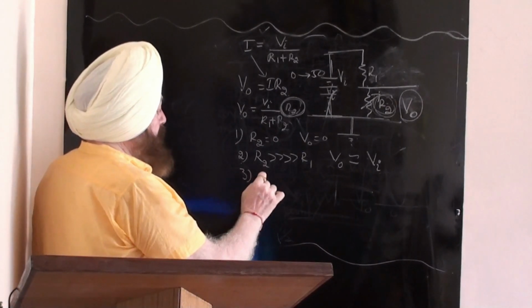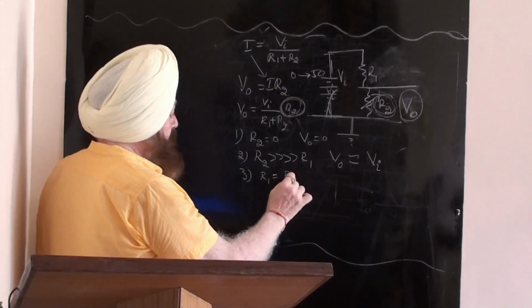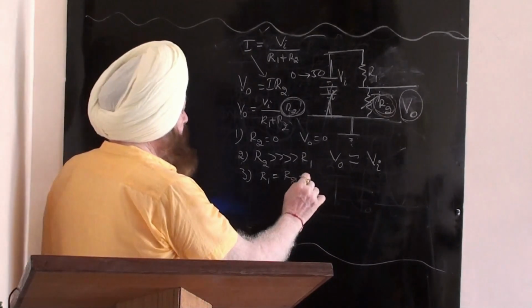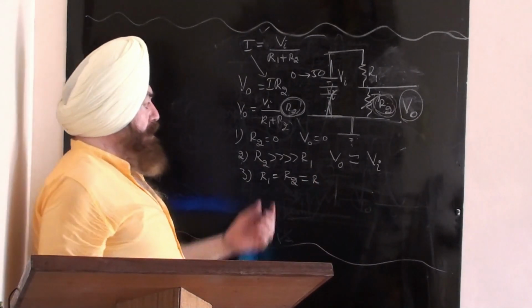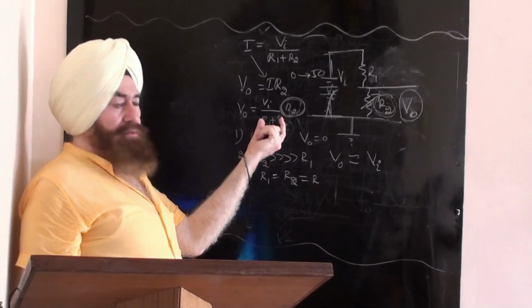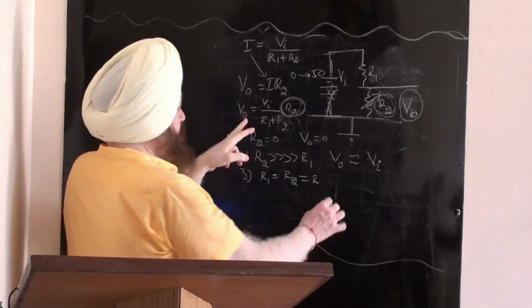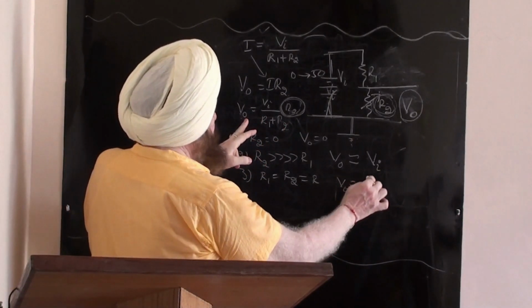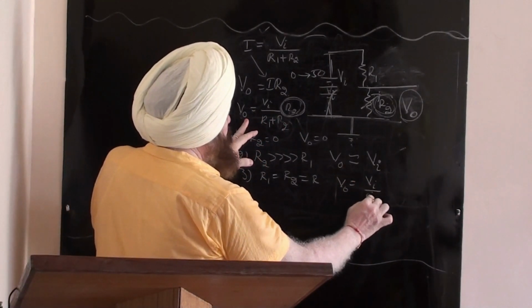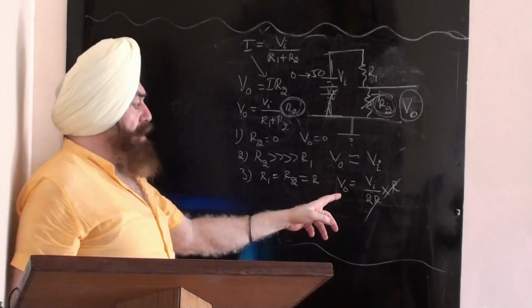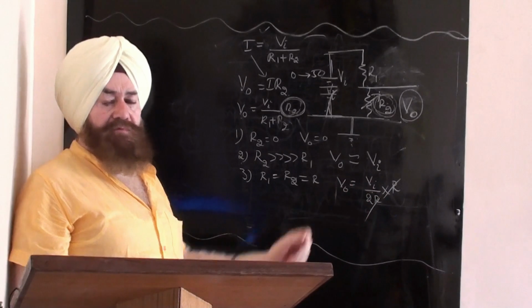Third, if R1 equals R2 equals R, this becomes 2R, and this is R. R cancels, so V0 becomes Vi upon 2R into R. The output voltage becomes half of the input voltage.